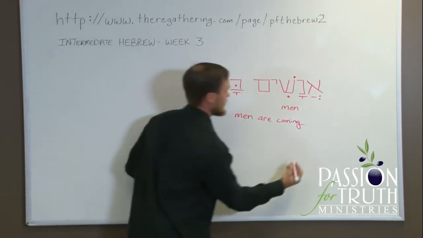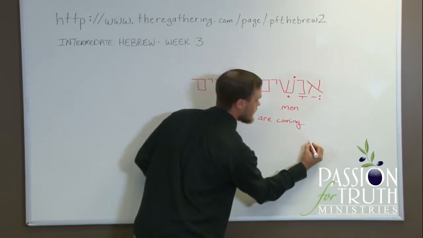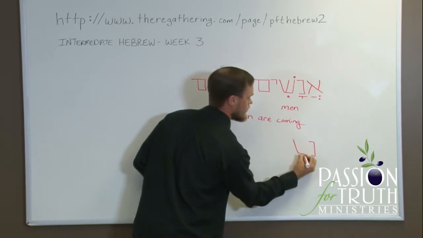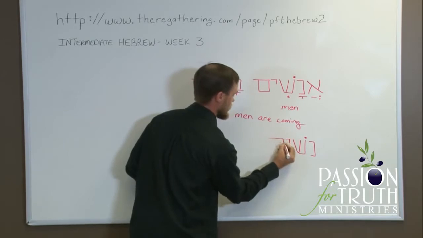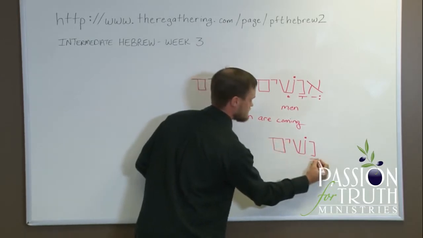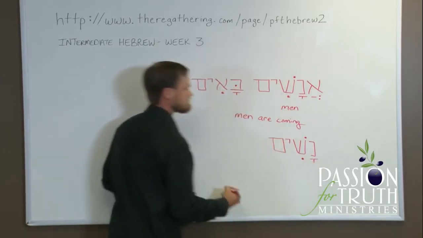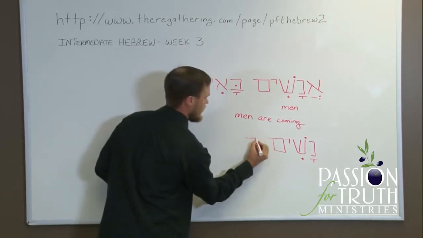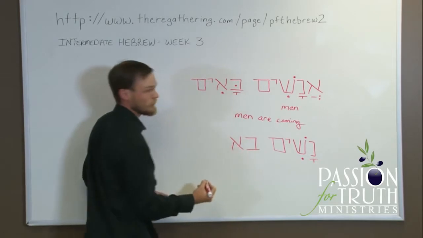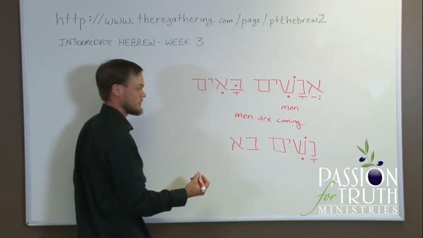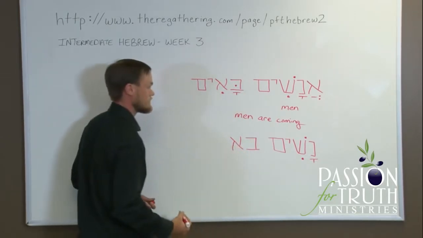And if women were coming, or are coming rather, we have an irregular plural. Isha becomes nashim. And we need a feminine plural verb now to depict the actions of nashim.